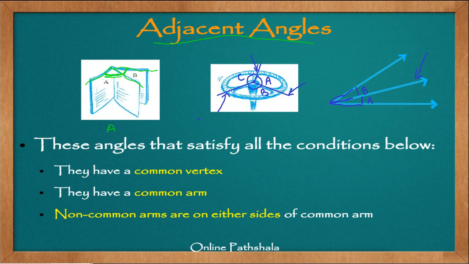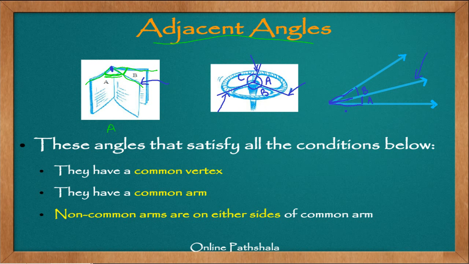So in all these three cases, we saw distinct characteristics of the angles that have been formed. The first is that all of them have a common vertex, that is a common point in all three cases. Secondly, they have a common arm. In this case, this is the common arm, and in the case of the driver's wheel, two angles share a common arm, and in the third case we have this as the common arm.